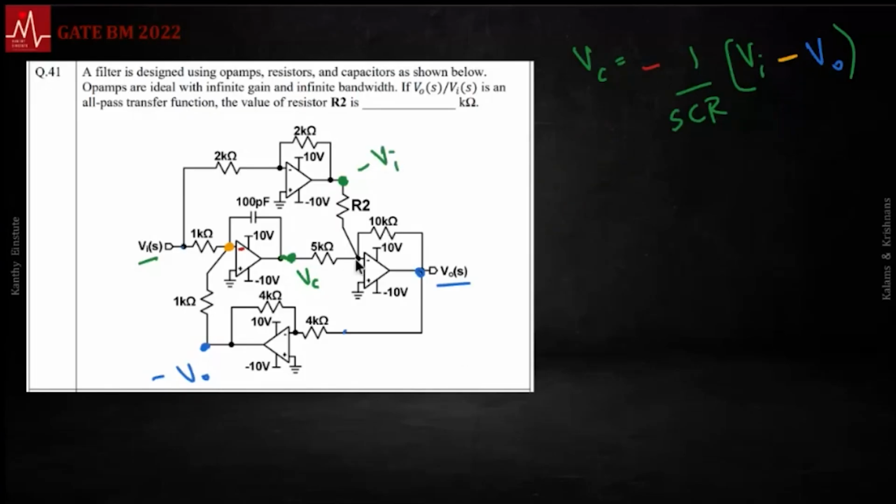There is one more summation here, so the two things are added. This again is inverting with a gain of 2. 10 by 5, that is 2.